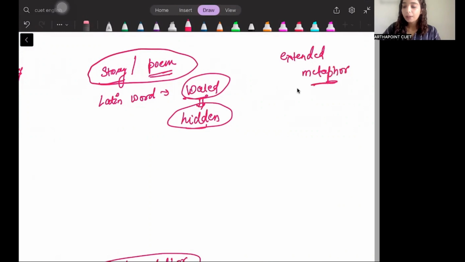Allegory comes from a Latin word which is called veil. Veiled means hidden. Your moral would always be hidden. So allegory usually has either a moral, a political, or a religious meaning.